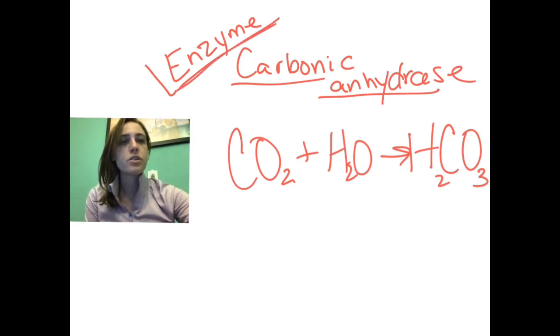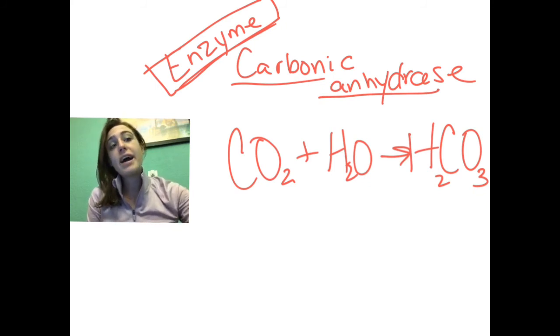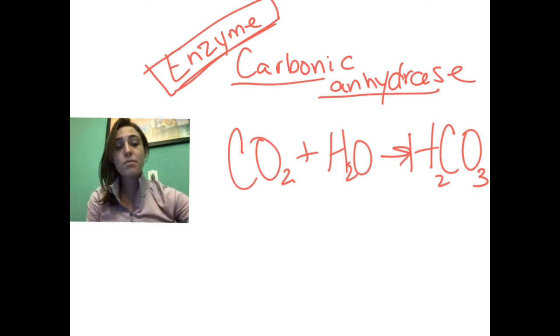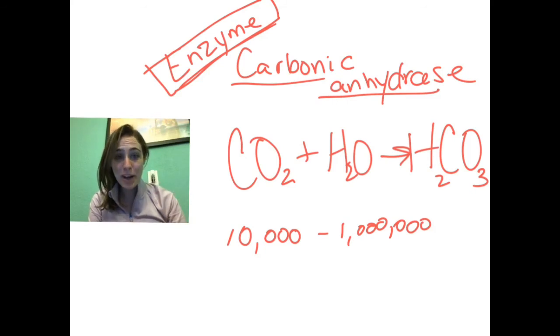So enzymes are usually catalysts. Basically, they're able to speed up reactions and make them happen quicker. So if I add this catalyst to this reaction, it's going to speed it up so that it is 10,000 to 1 million times per second. So that is a lot quicker.